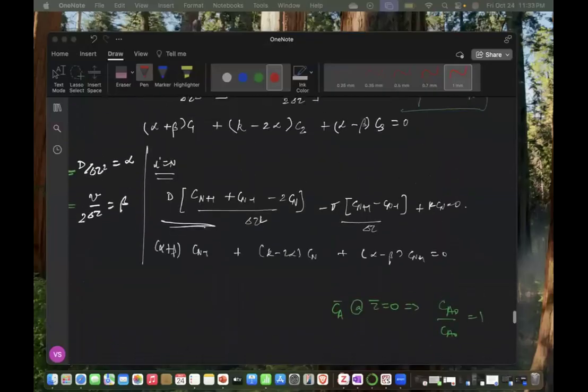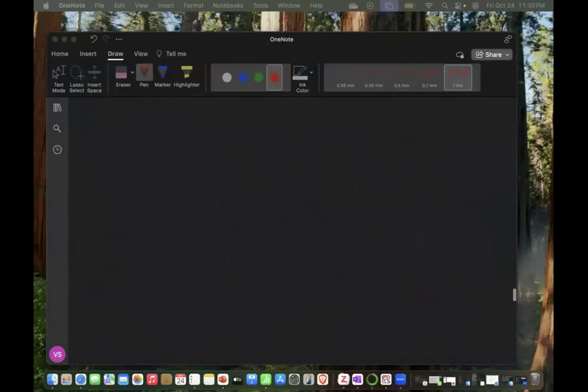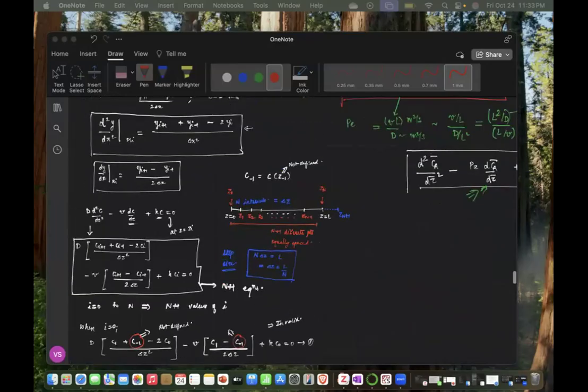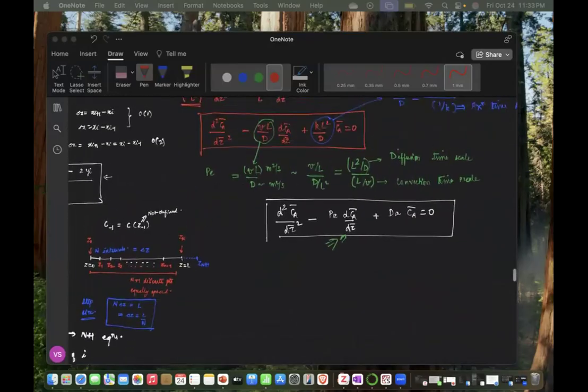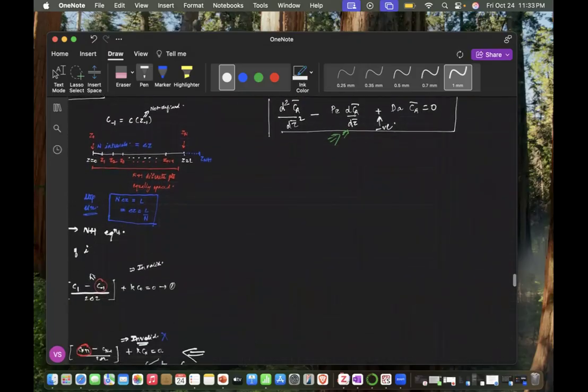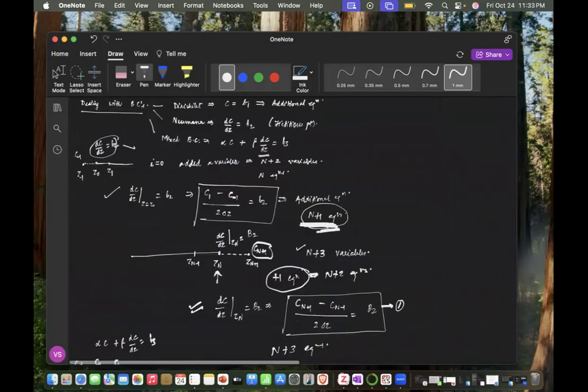Since my system is actually reacting over here, this has to be negative. My A is reacting over time, so the sign was incorrect. This has to be negative. Okay, so let's go back to our Python over here.